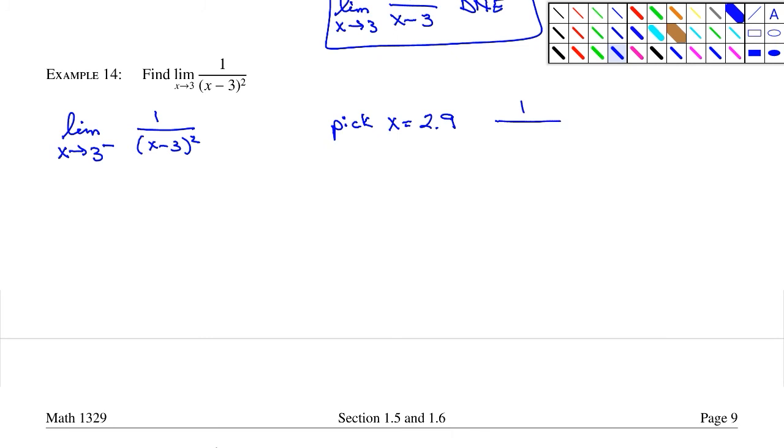And that gives me 1 over 2.9 minus 3 squared, which is equal to 1 over negative 0.1 squared. But that's a positive number, and anything squared is positive, so this quantity is positive, so this is going to be equal to positive infinity.